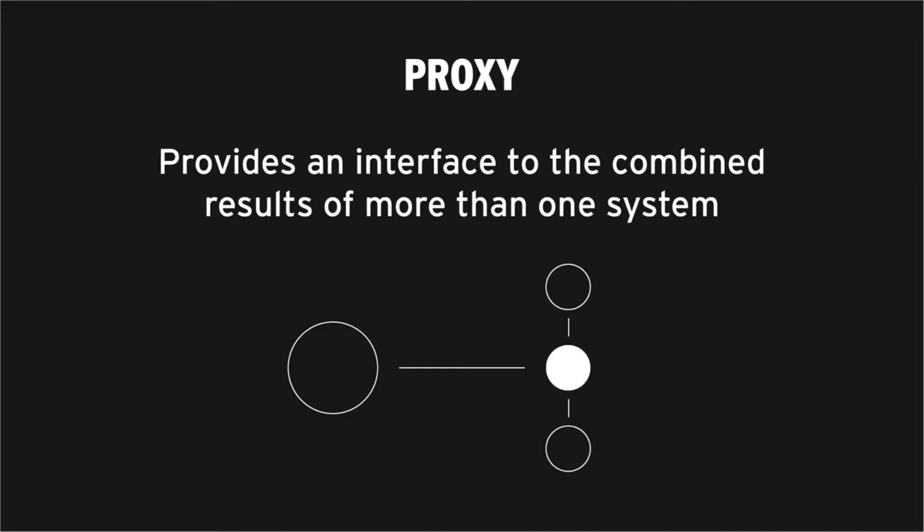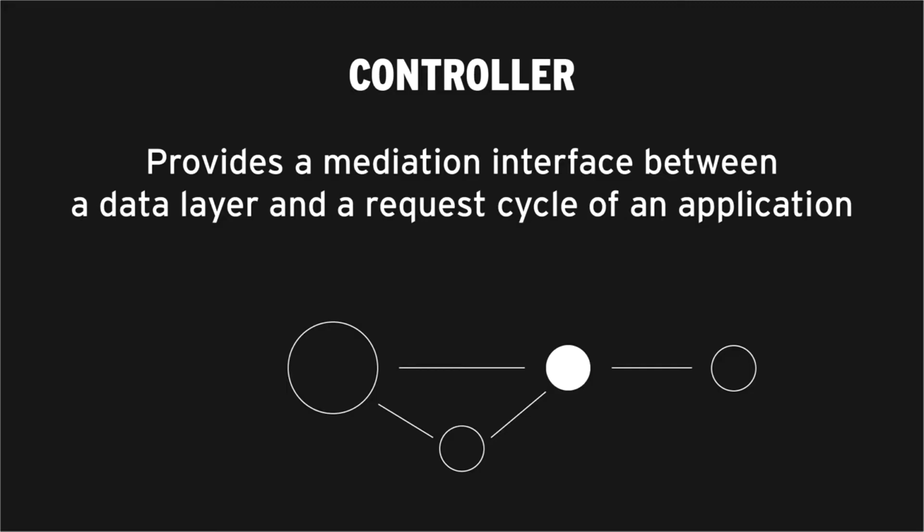And a really good example of this is how Google Maps works. You put in a direction, you want to get directions, and there's a single API call that goes out, and then it aggregates across thousands and thousands of servers that spool up and give you the combined results from the single interface. And then controller is probably the one that most of you might be the most familiar with.